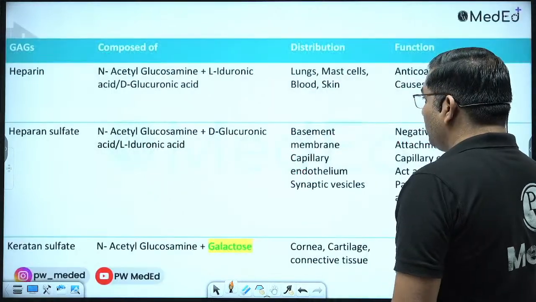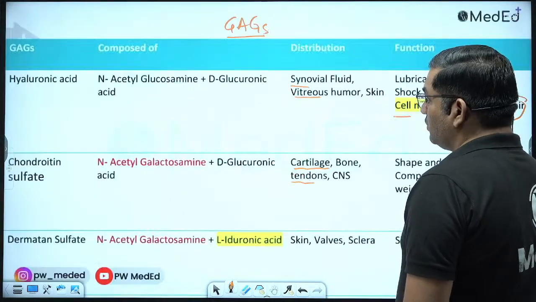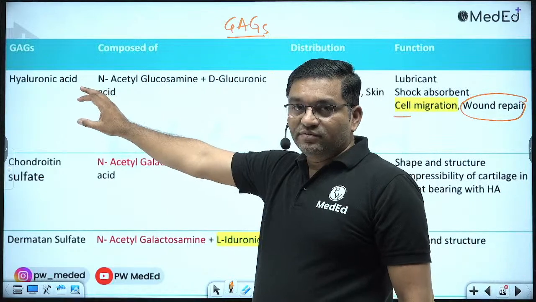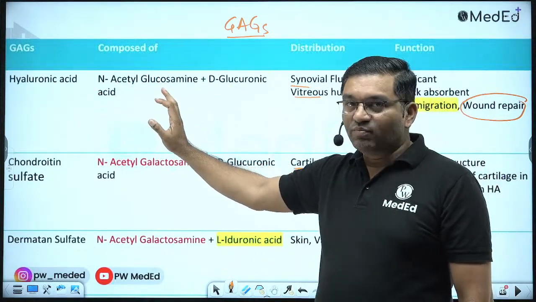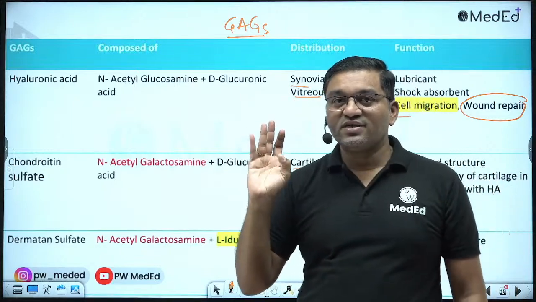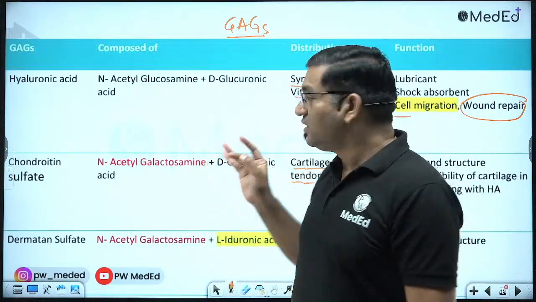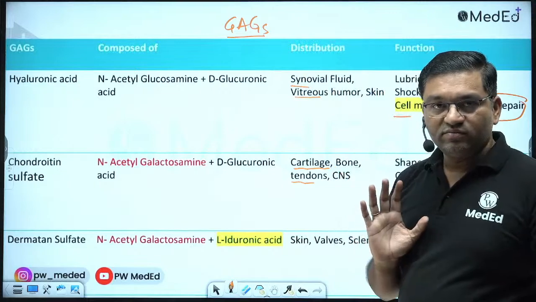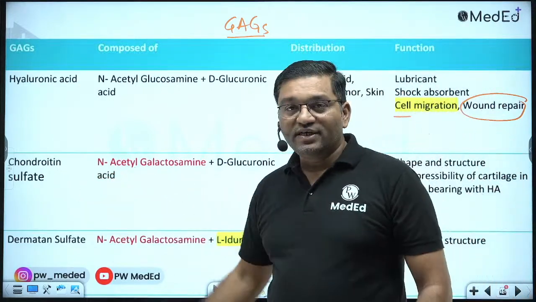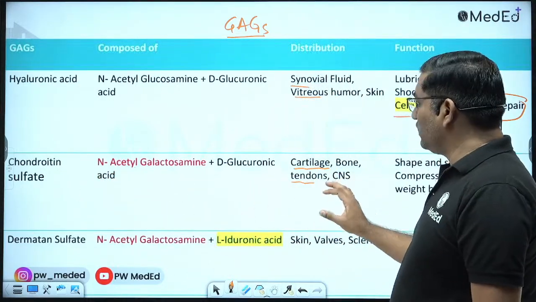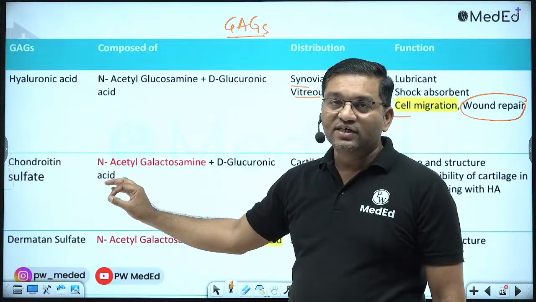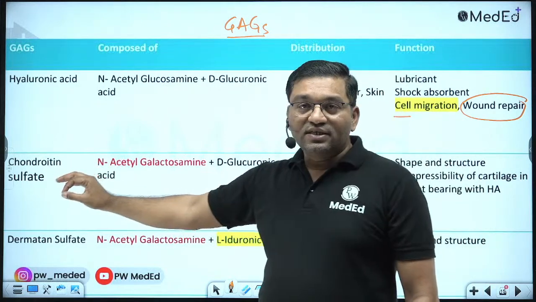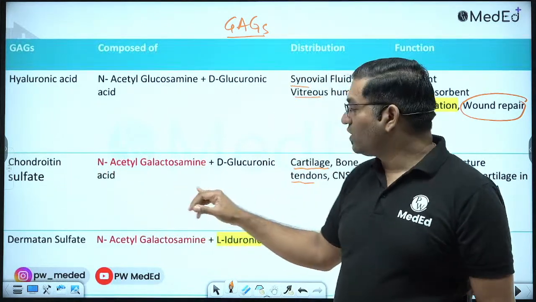Now see this table. Hyaluronic acid: N-acetyl glucosamine, D-glucuronic acid. This is the composition. It is important in wound repair, cell migration, lubricant, and shock absorbent. Chondroitin sulfate is present in cartilage, bone, tendon. This starts with C, not H, so it is N-acetyl galactosamine, and the D-glucuronic acid is present.